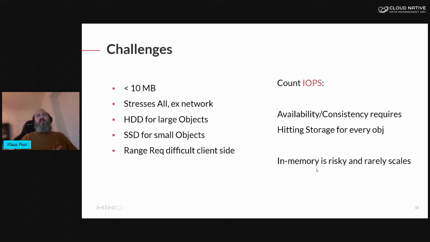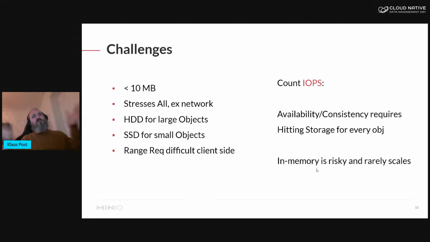So when dealing with small objects, we basically need to count IOPS, because the way you have to have high availability, you need to have several servers respond to the request, so you need to ask several servers, and that doesn't depend on the object size.